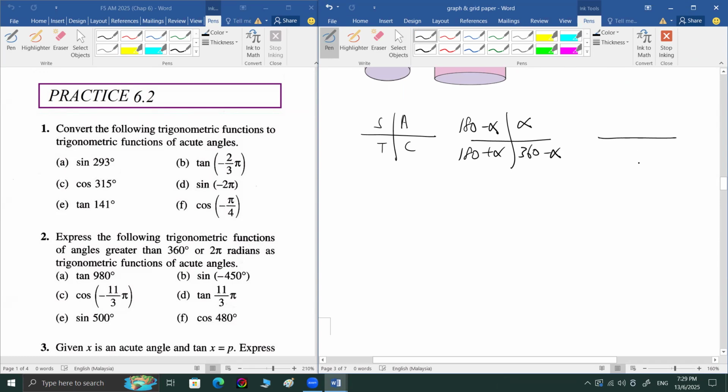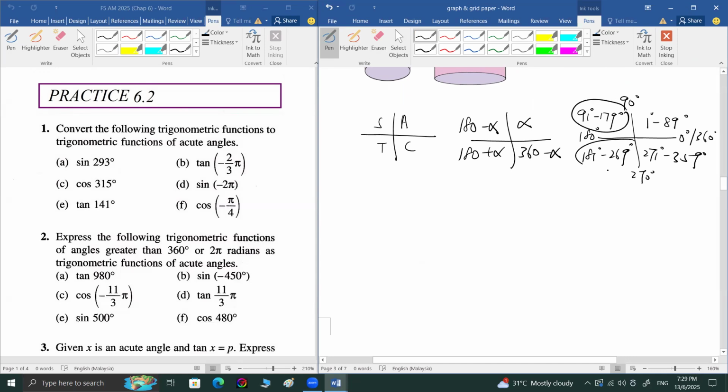Also remember 0 here, 90, 180, 270, back to 360. 1 to 89, 91 to 179, 181 to 269, 271 to 359. Refer to the quadrant.